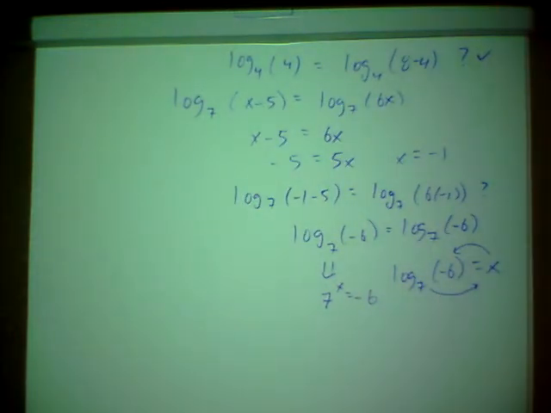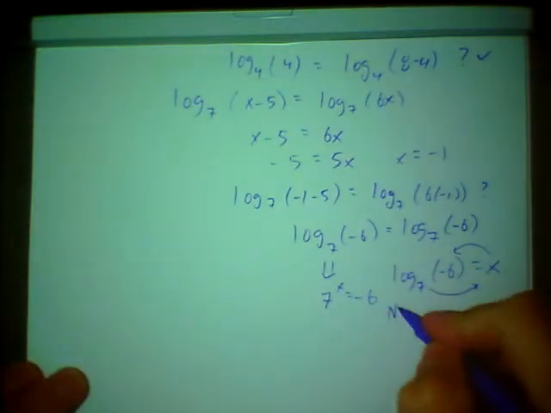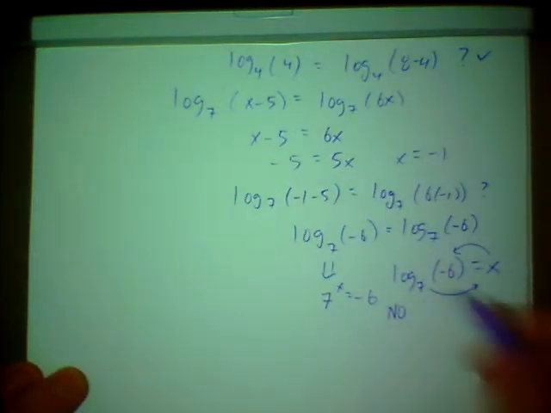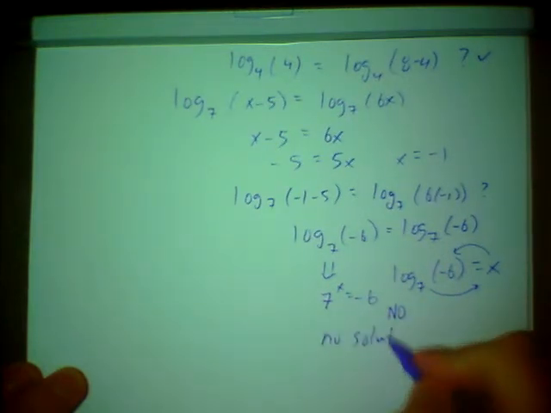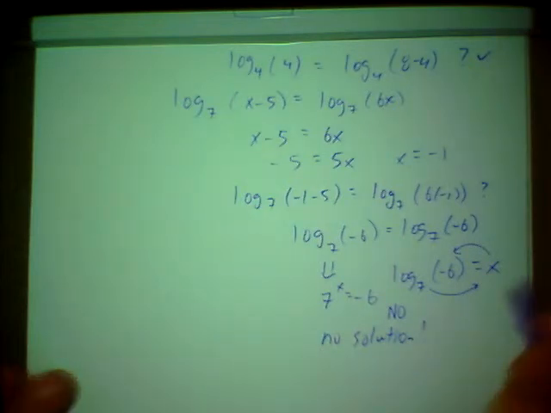And you look at that and you try and think of some value of x that would work, it's impossible. You can't raise 7 to some kind of exponent and have it equal a negative number. So no, this doesn't work. So you end up saying no solution.